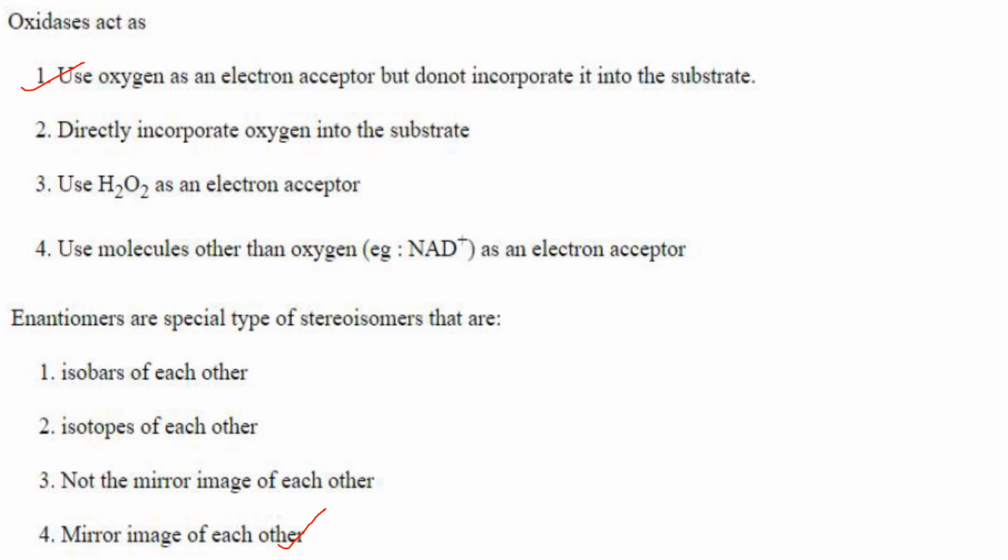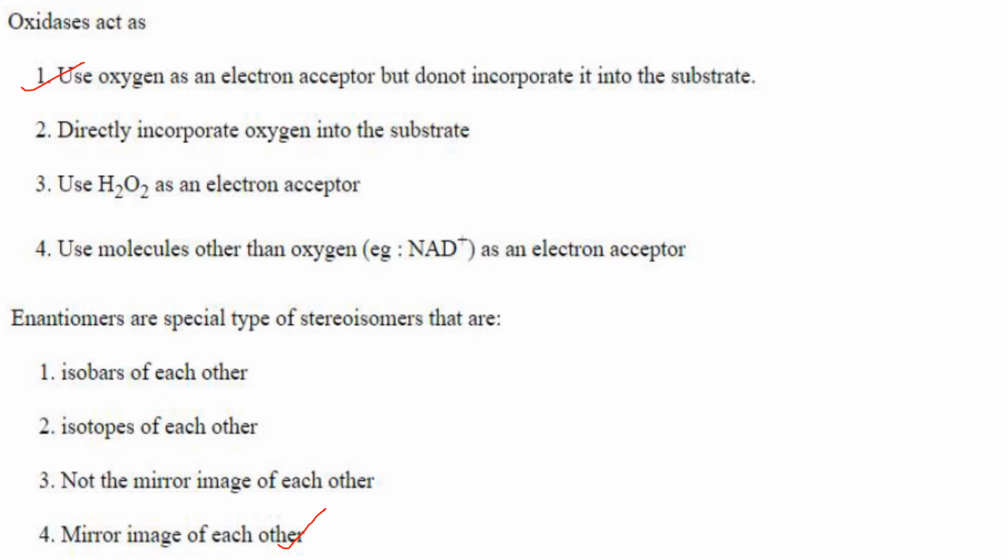Then, oxidases act as: oxidases transfer electrons from substrate to oxygen, resulting in the formation of water or H2O2. Then there are others called oxygenases. They incorporate oxygen into the substrate molecule, whereas oxidases do not.